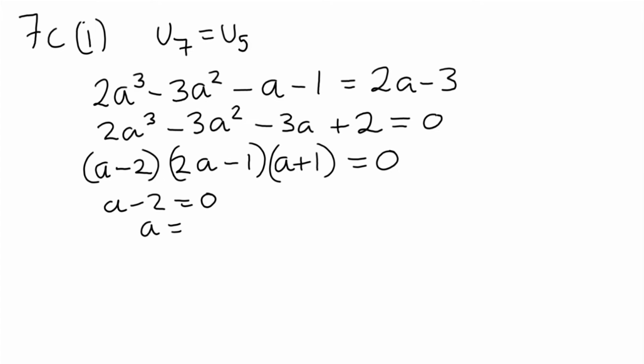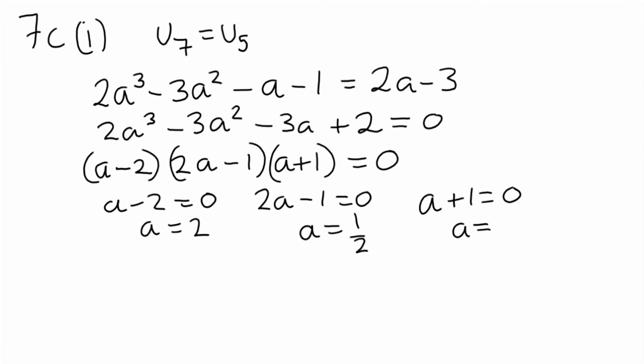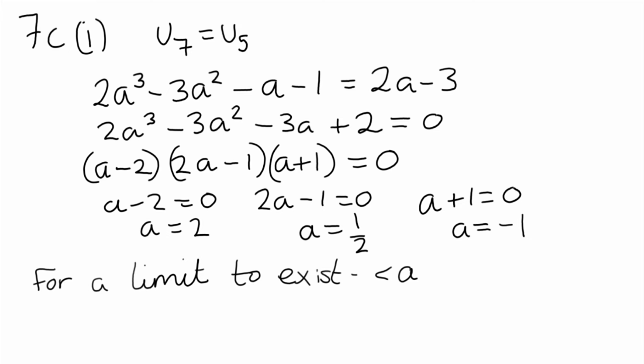So a equals 2, a will be a half, or a will be negative 1. Now for a limit to exist, the a value must be between negative 1 and 1. So there's only one answer. So therefore a has to be 1/2.